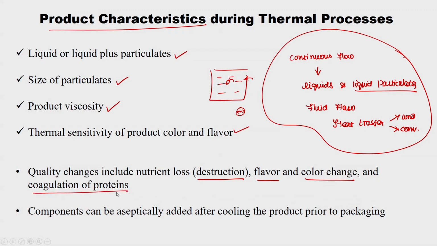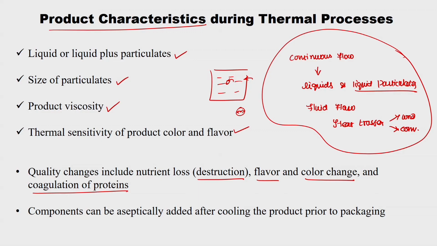So, these also have to be taken care of during thermal processing. We have discussed this many times. My aim is not only killing the pathogenic or food spoilage microorganisms, my aim is also to maintain the nutrient quality and color, and here one more is added, coagulation of protein. If it coagulates, then it automatically increases the viscosity of the product.